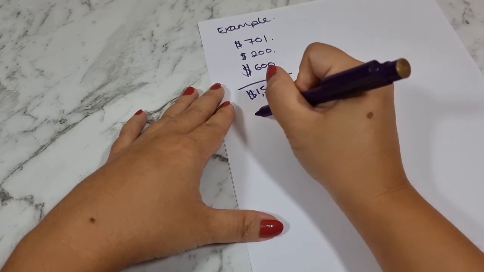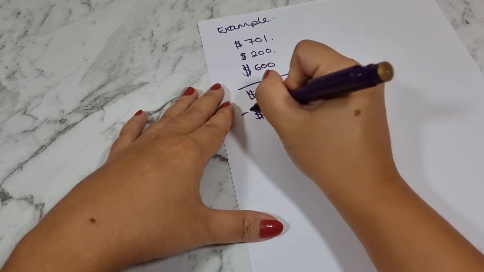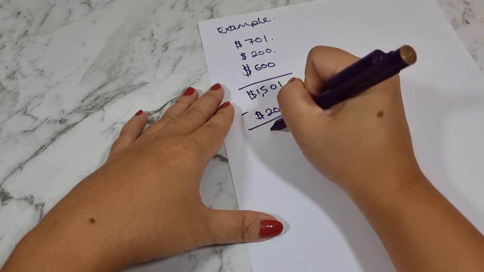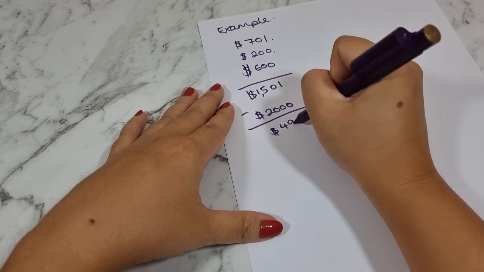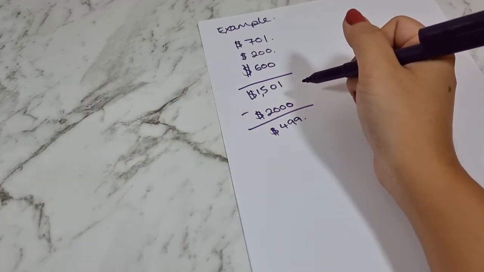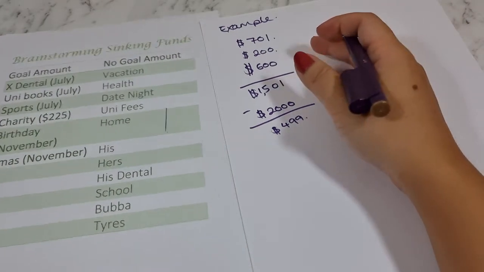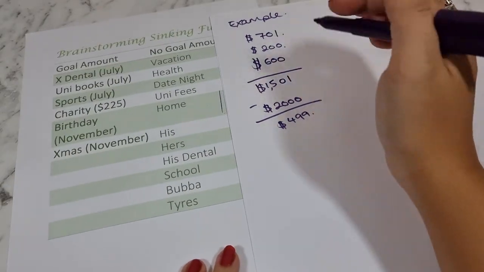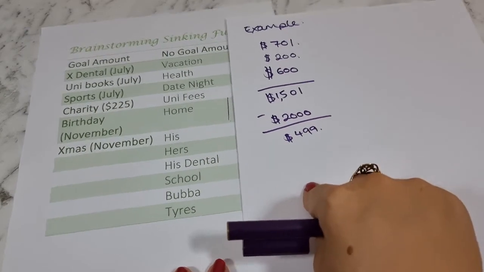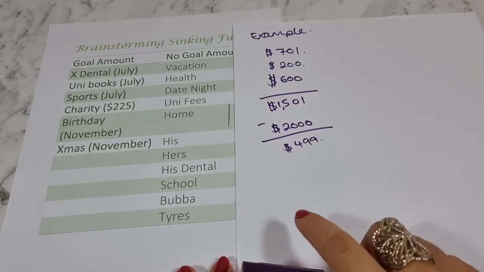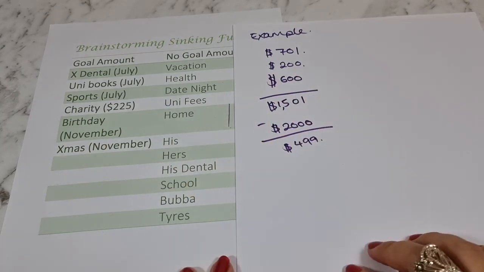And if I was to earn $2,000, that amount will be taken away from $2,000, which will give me the sum of $499. With $499, this is the amount you're going to use to stuff your envelopes. But that is pretty much the process on how to use this system.